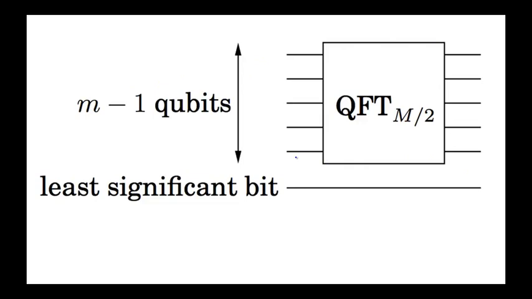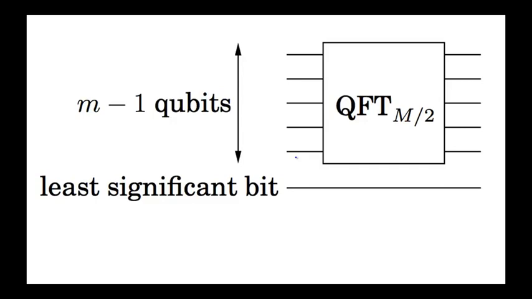Automatically, this quantum Fourier transform gets applied separately in superposition to everything where the least significant bit is 0, because these cannot interfere with those where the least significant bit is 1. Okay, make sure you understand this fact.